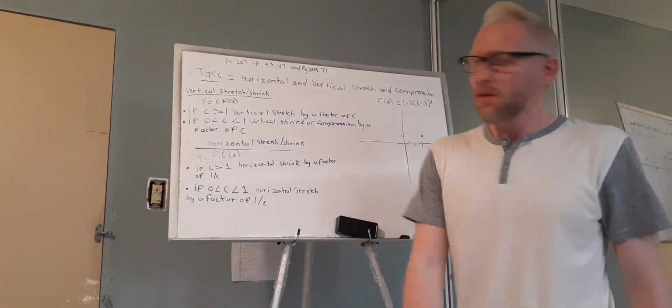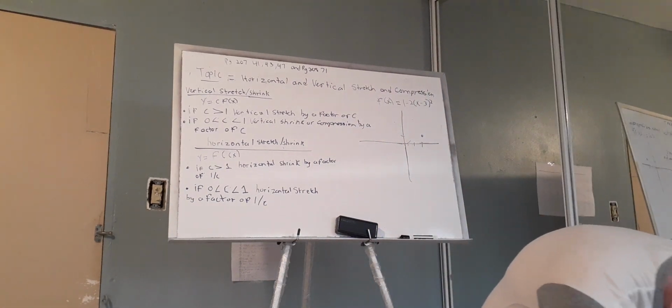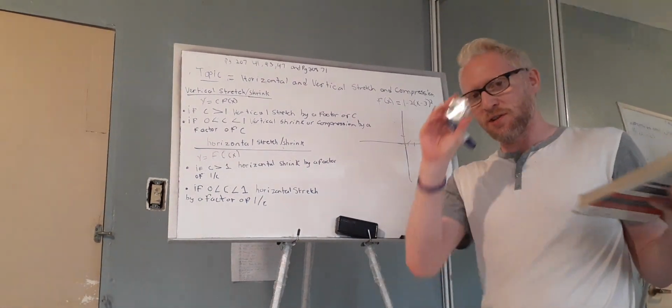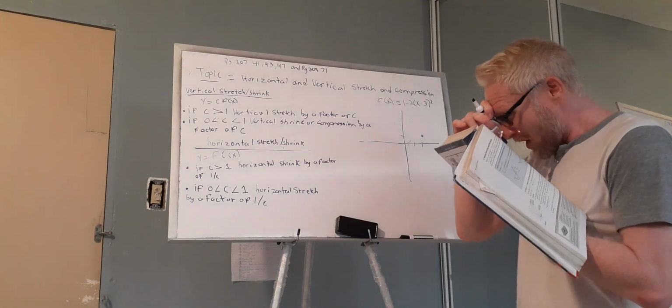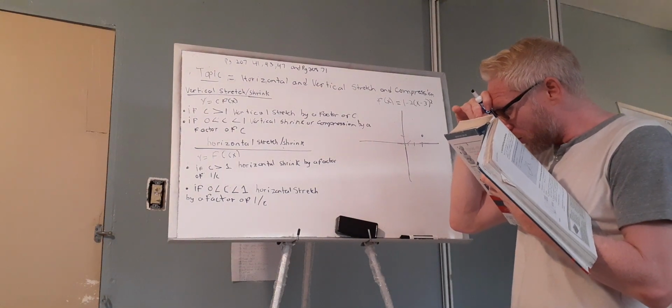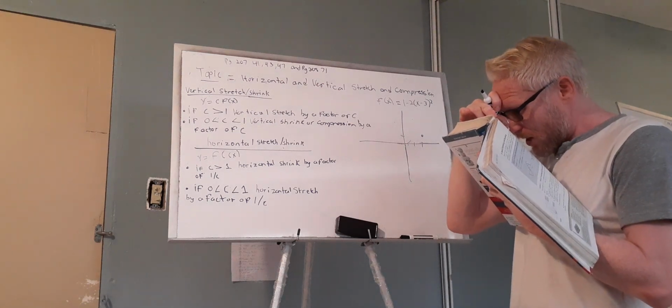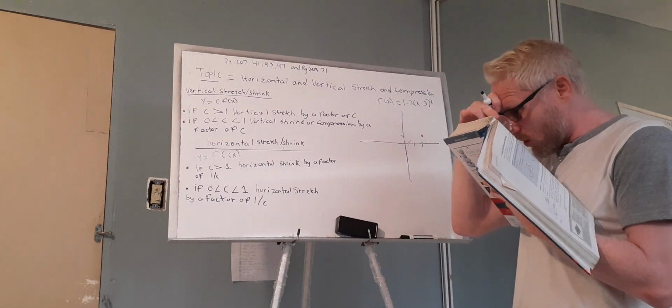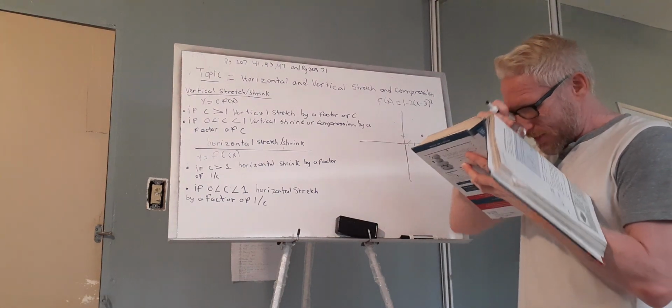Okay, and here's my book, and here's my magnifying glass real quick. We have a horizontal shift of 3 units. We have an upward shift of 1 unit, okay?